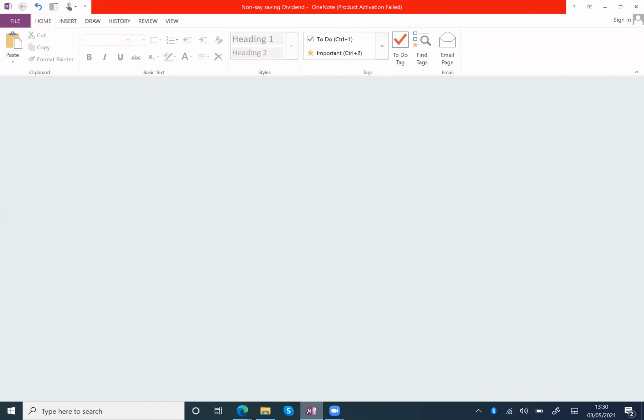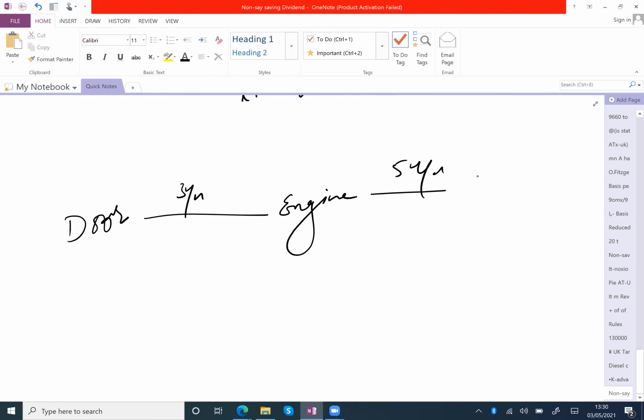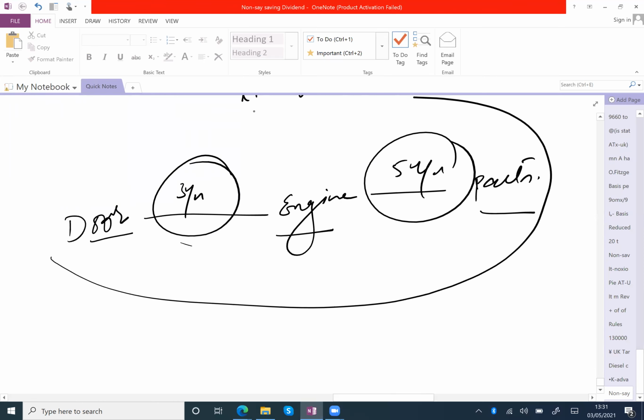So for example, if you are gifting me a car, today you are gifting me the doors of the car. After 3 years, you are gifting me the engine of the motor car. After 5 years you are gifting me other parts of the car, or the seats of the car. So you can see the gap between each gift is more than 2 years, then HMRC will never combine this, never accumulate the whole value.